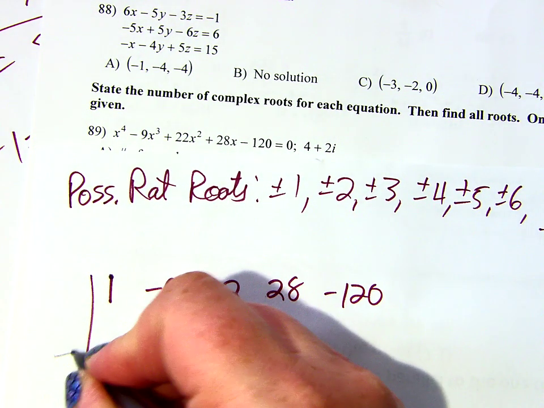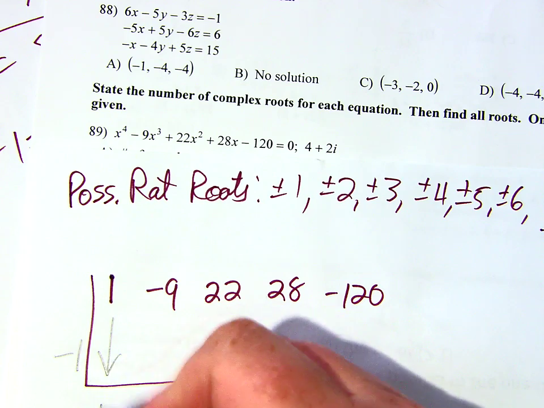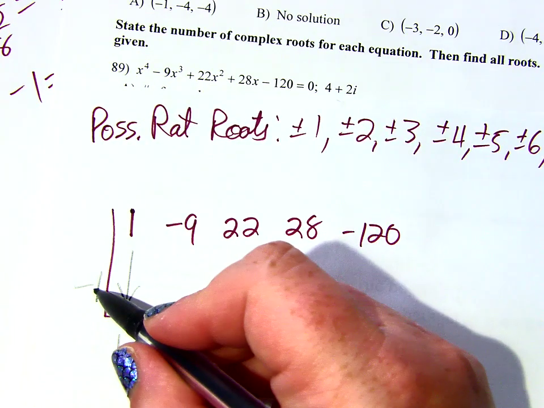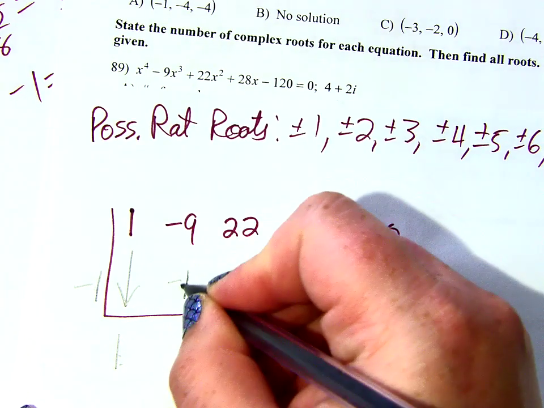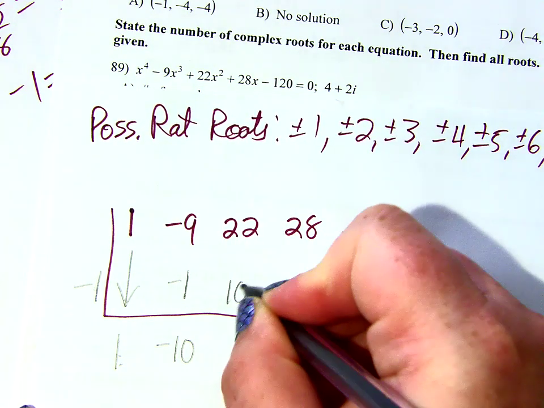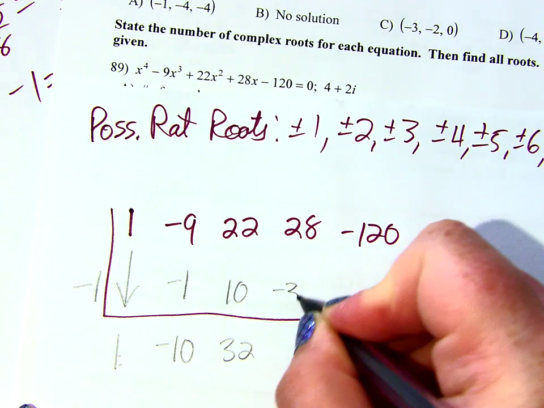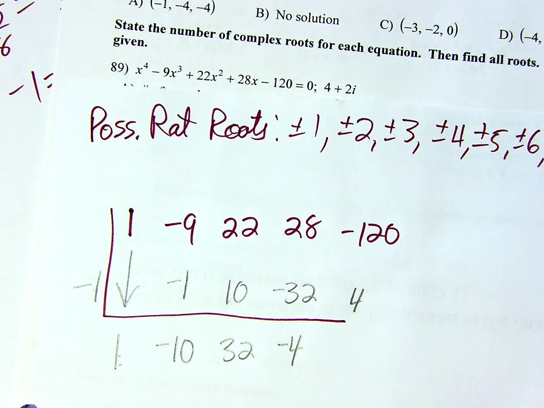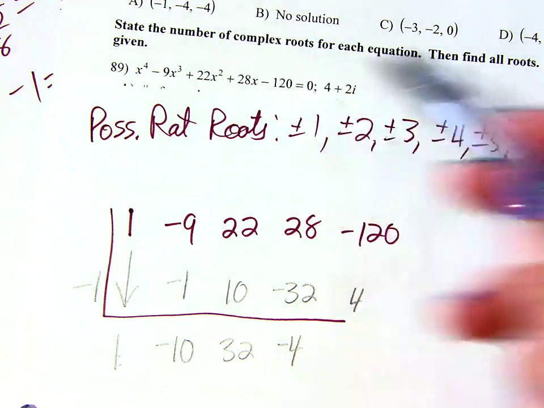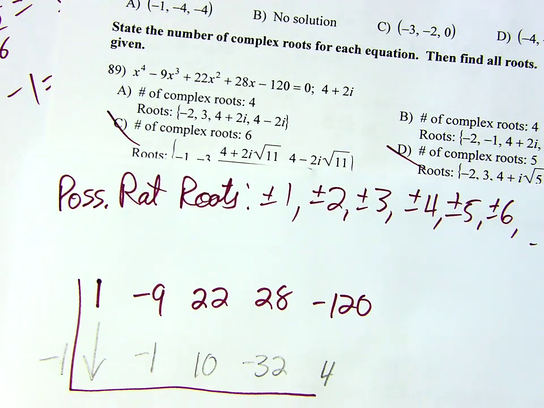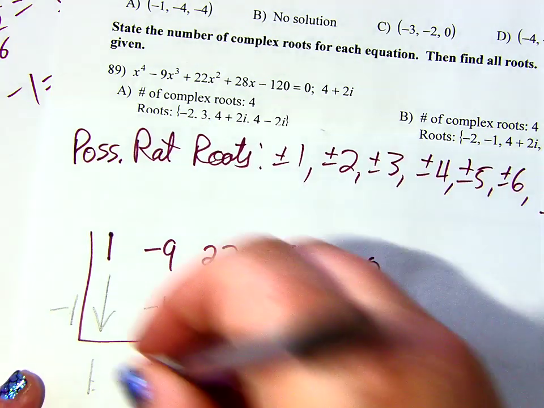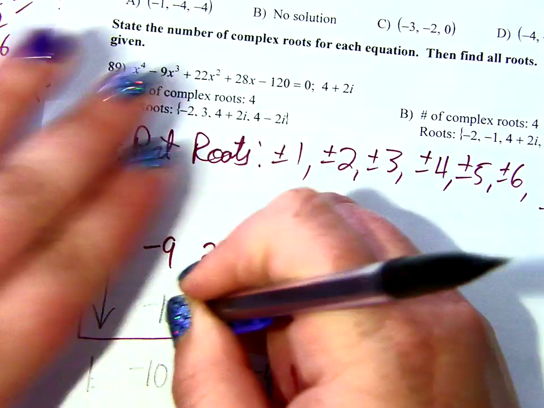Now I'm just going down this list to see if someone makes 0. So 1 times 1, negative 1, that's a negative 10, 10, 32, negative 32, negative 4, positive 4 is 9, 0. Negative 1 is not a zero of the original formula.